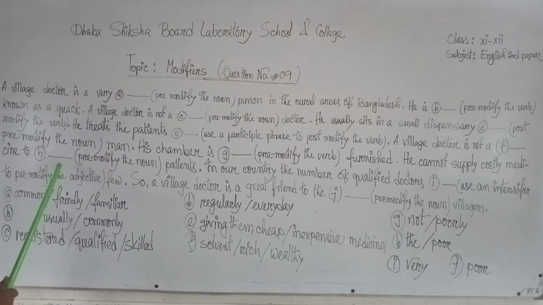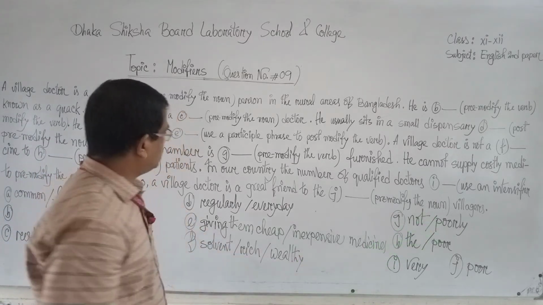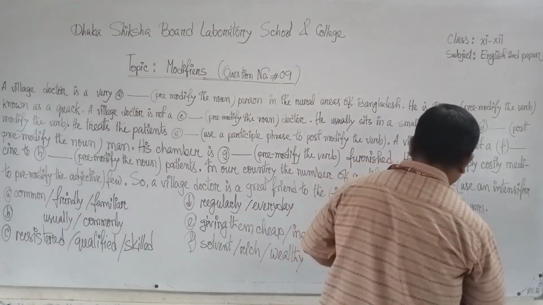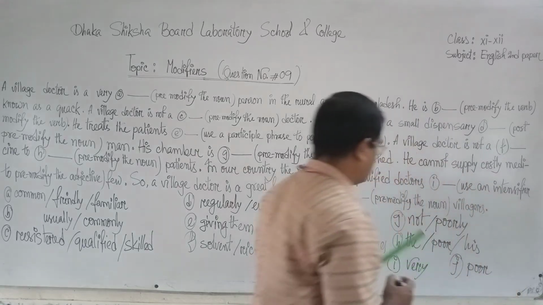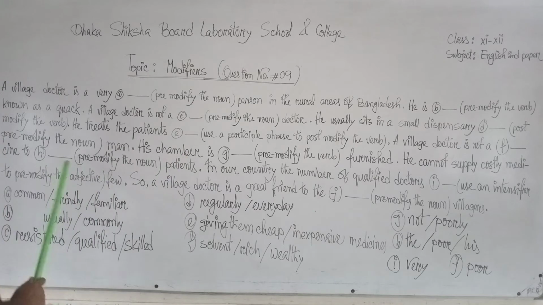We may say his patients or poor patients. Even his could be the answer: his patients, poor patients. His is also correct, you know. His here: to his patients, to the patients, or to poor patients. Whatever you write is correct.